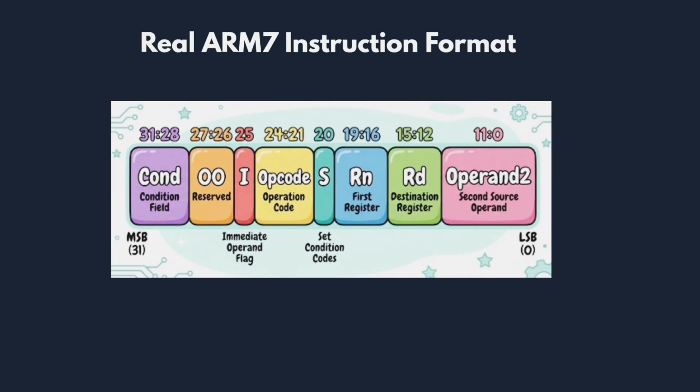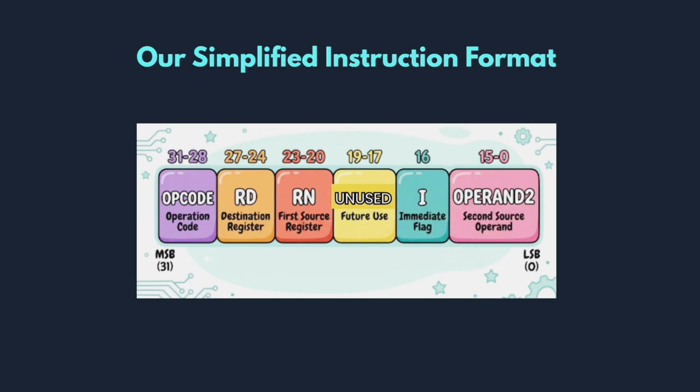Real ARM instruction encoding has many details. That is too much for a beginner decoder. So we will create a simplified ARM7-inspired format. The concept remains the same. This is our simplified instruction format. As you can notice here, our instruction is still 32 bits.